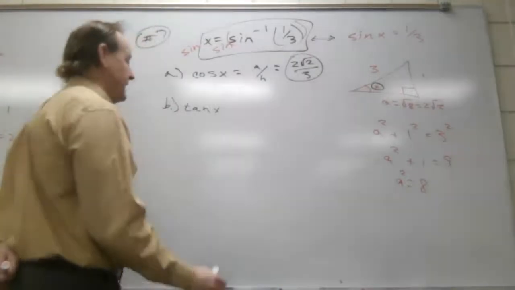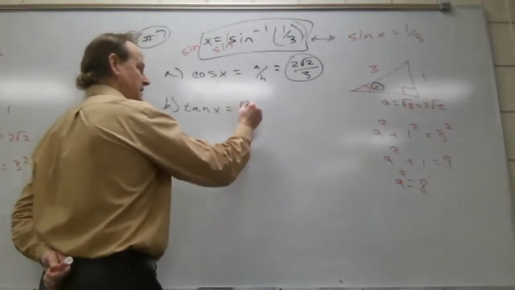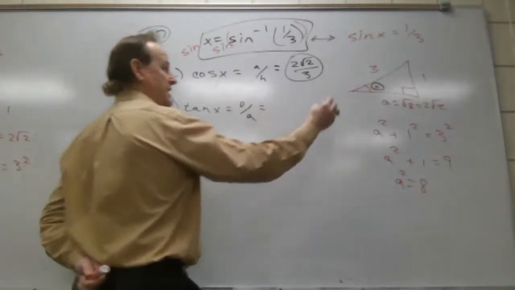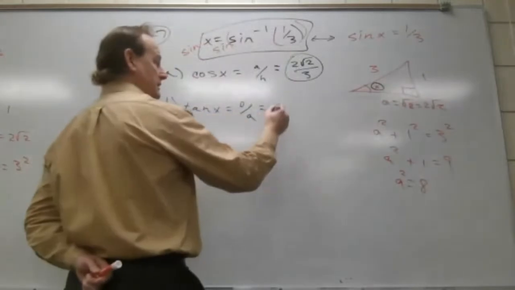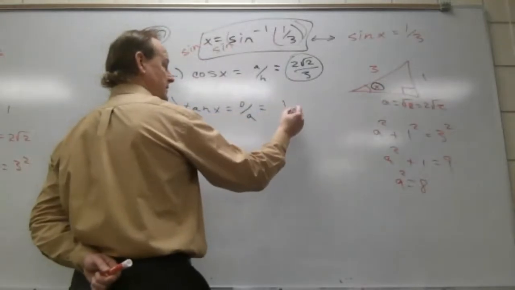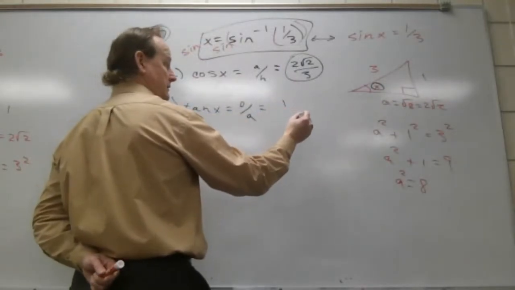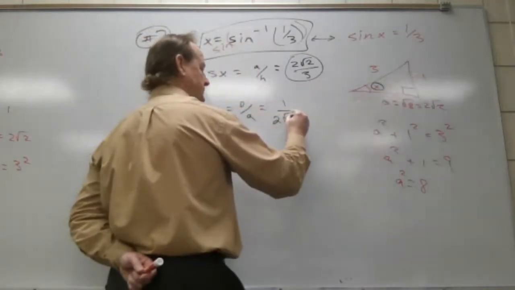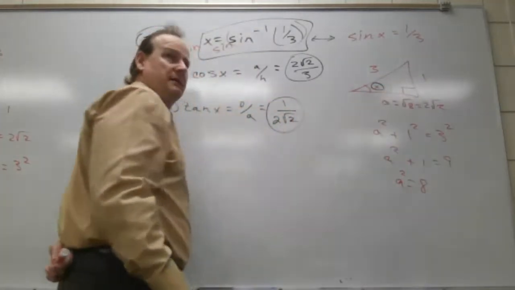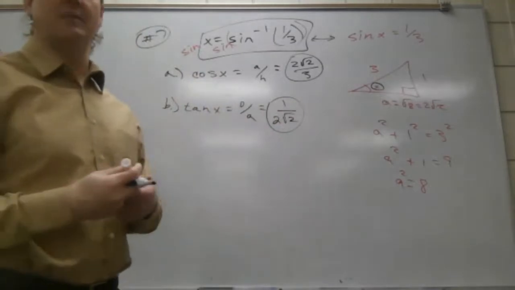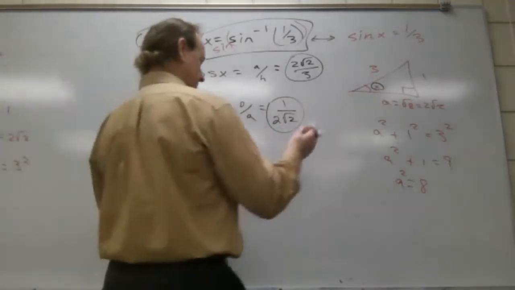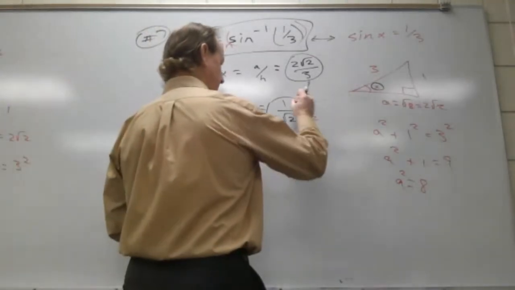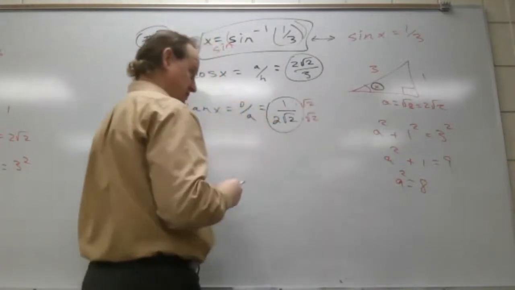Tangent, what do we got for that? Opposite over adjacent. TOA, opposite over adjacent. So that'd be, what'd you get? Square root of 2 over 4. Oh, okay. Or 1 over 2 root 2. And you rationalize the denominator just because you always had to back in the old days in pre-calc, because you could.